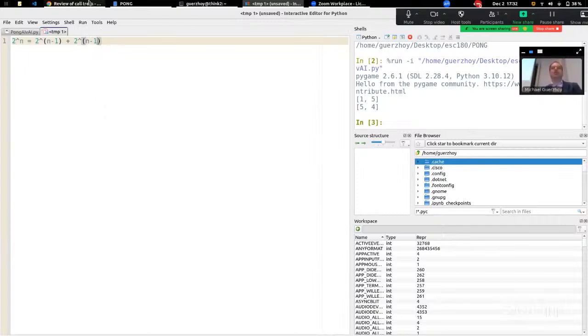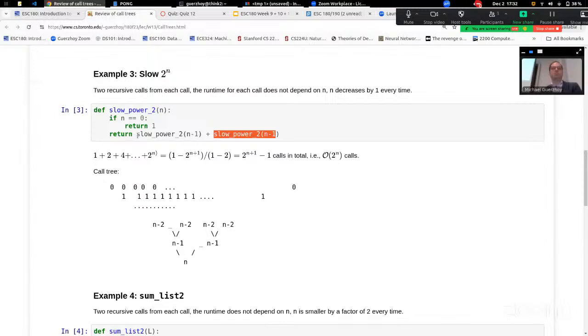So that's the recursive step. Does that make sense? Questions about this? All this is saying is 2 to the n is equal to 2 to the n minus 1 plus 2 to the n minus 1. That's mathematically true. So that means I can use it if I have a base case, which I do. Make sense?